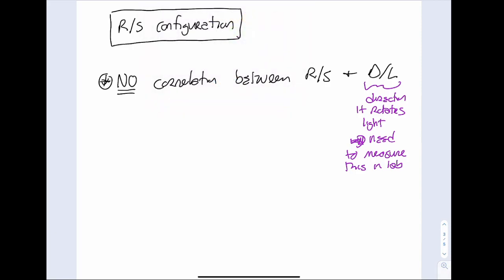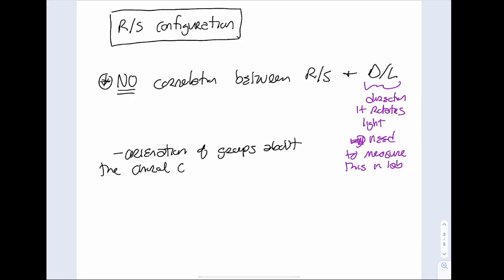So with R and S configuration, what we're going to do is look at the orientation of groups about the chiral center. Remember, our chiral center is a tetrahedral carbon, so an sp3 hybridized carbon with 4 different groups assigned to it. Our S configuration has nothing to do with the direction that it bends light.